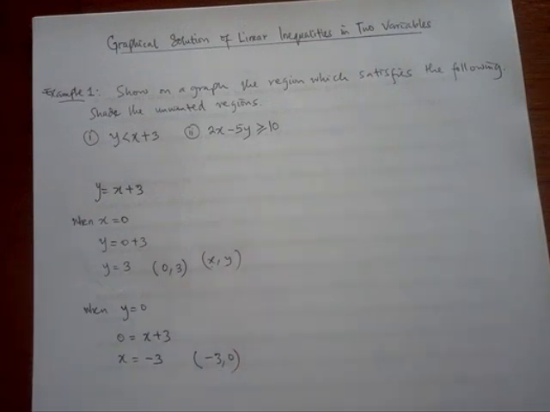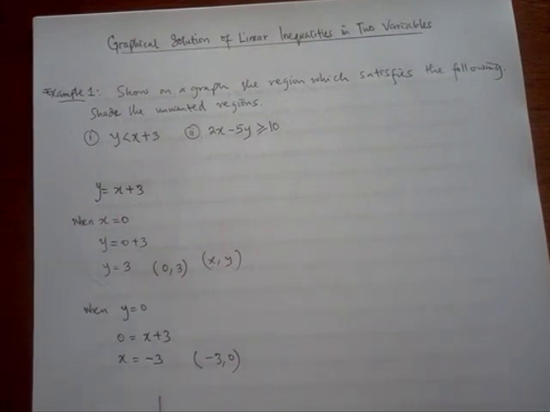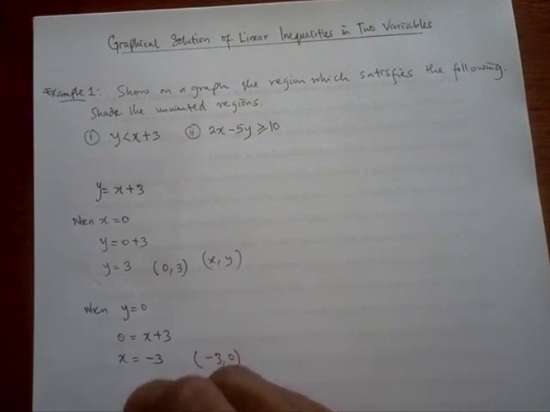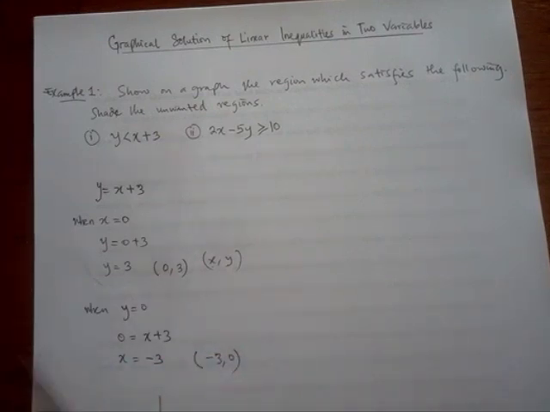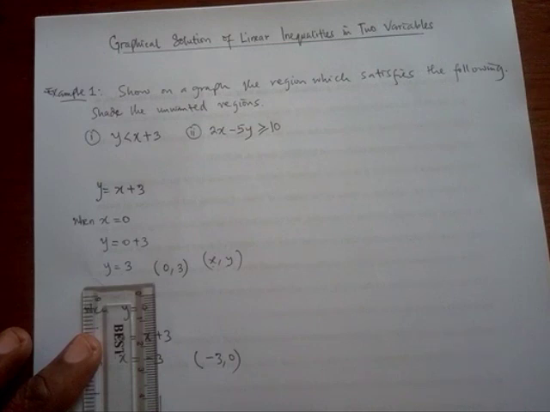So we'll quickly draw our x and y axis. Let me use 0.5. 1, 2, 3, 4, minus 1, minus 2, minus 3, minus 4. Then we have 1, 2, 3, 4.